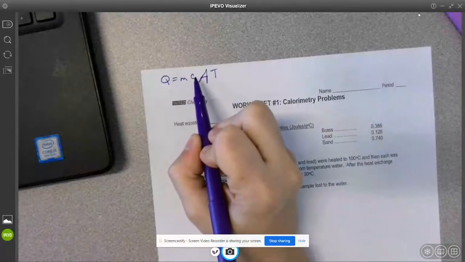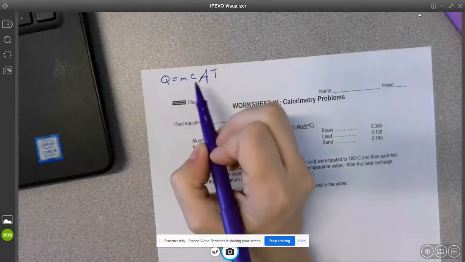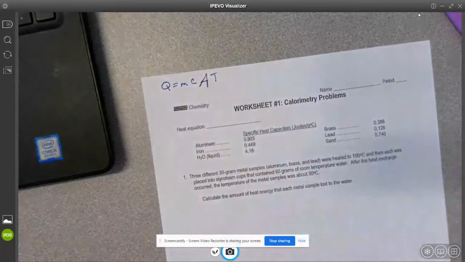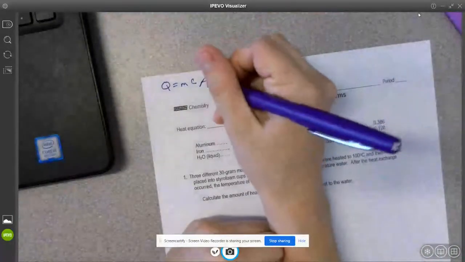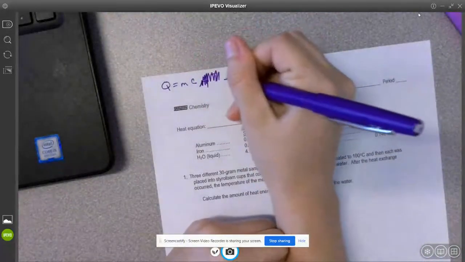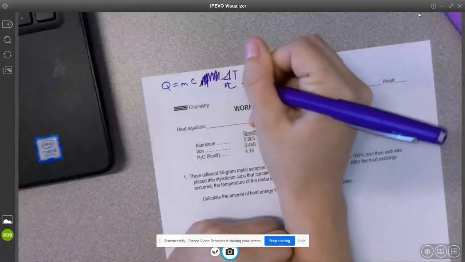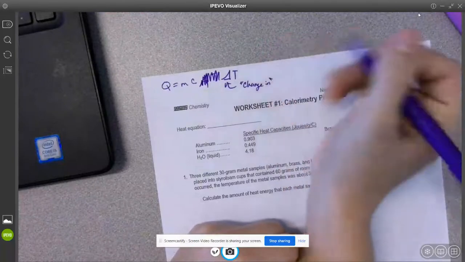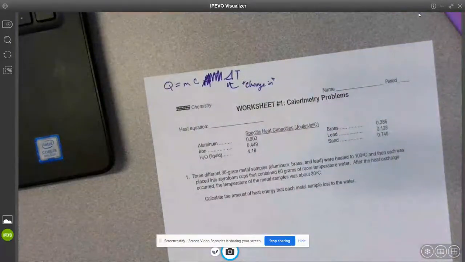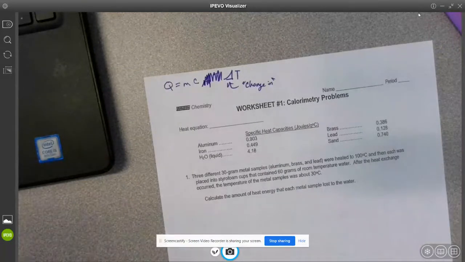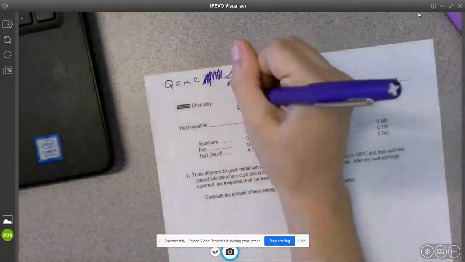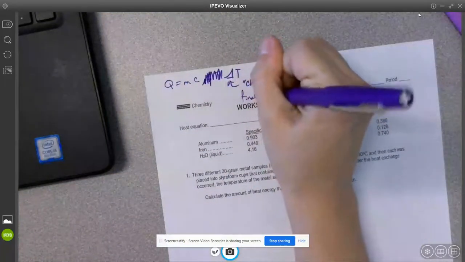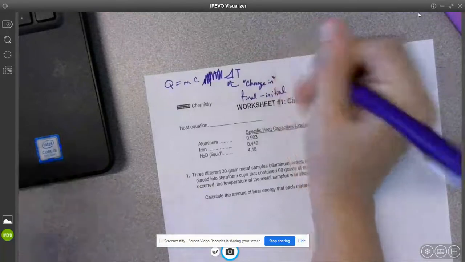So Q equals MCAT. Just a little trick to remember. But technically, delta means change in. So if you see this triangle anywhere in math or science, triangle is delta. It means change in. It is always going to be a final minus an initial, or where you're starting.